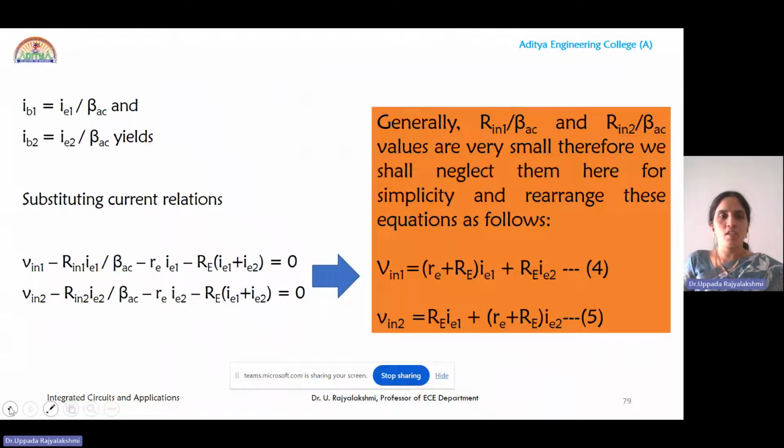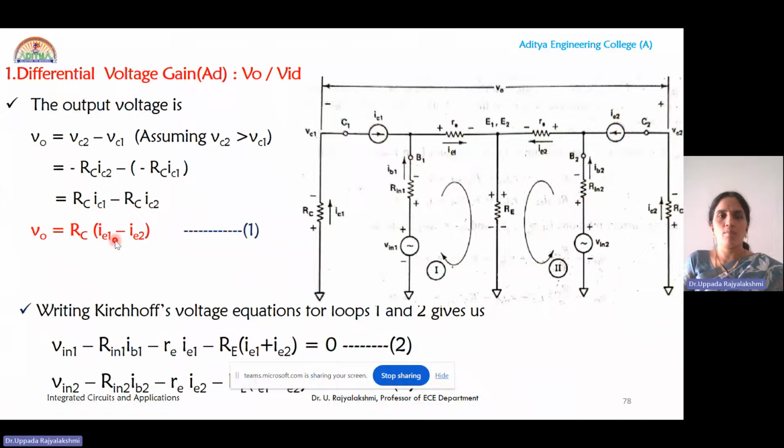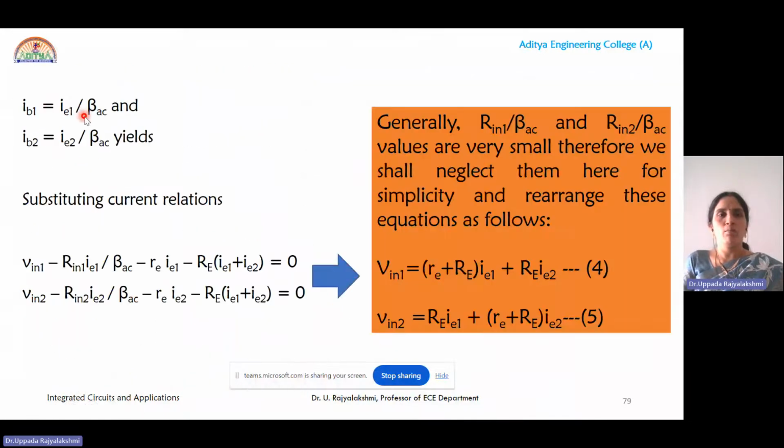In these expressions, you can see we need IE1, and the only extra current is IB1. So again, IB1 should be replaced in terms of IE1. We know that the current gain beta of the CE amplifier is defined as IE1 by IB1, so we can replace IB1 as IE1 by beta AC.